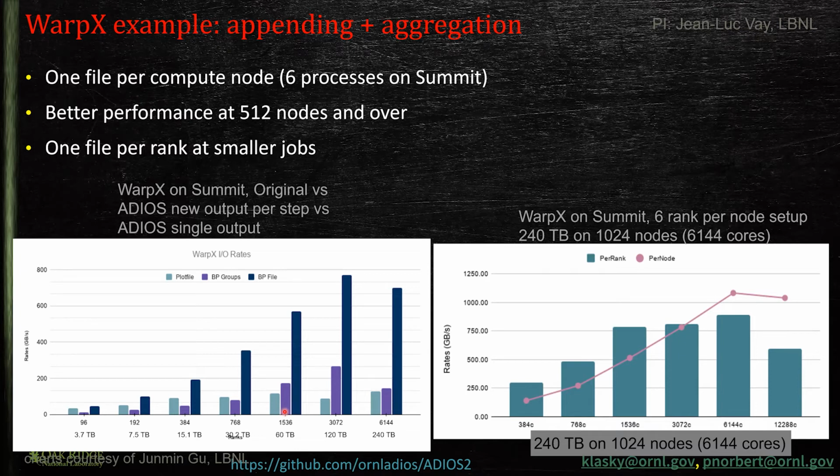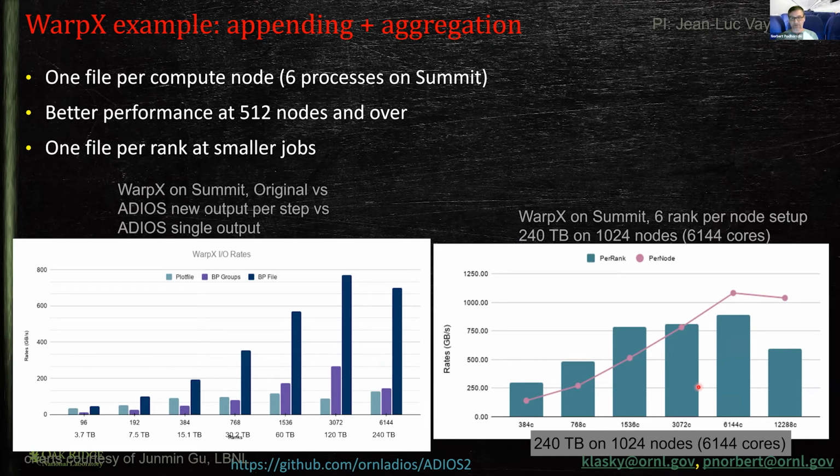Turning on adding the steps into the file gives us this great performance improvement at large scale. So it's important to see that in practice, it's not that we put in ADIOS and it will fly. It takes work and experimentation to do these things right: doing aggregation and then appending the steps.